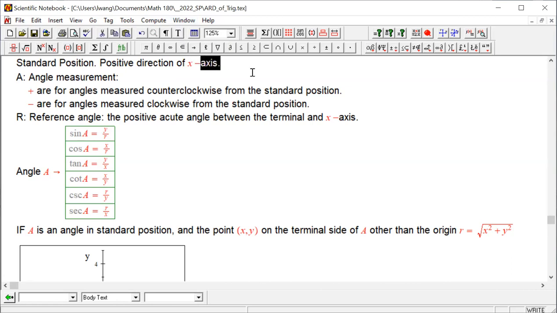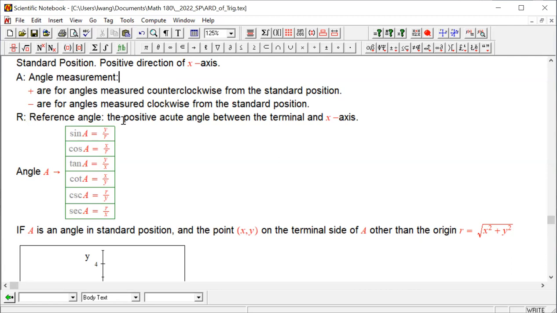All the angles used as input for sine, cosine, tangent, cotangent, cosecant, and secant are measured from the standard position. If it's measured counterclockwise, that's a positive angle. If it's clockwise, that's a negative angle.